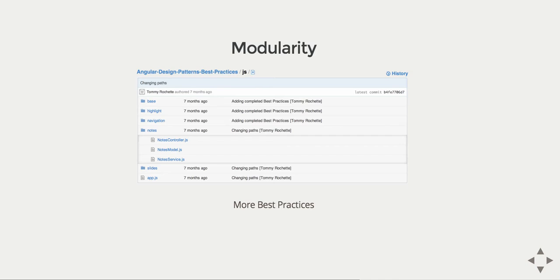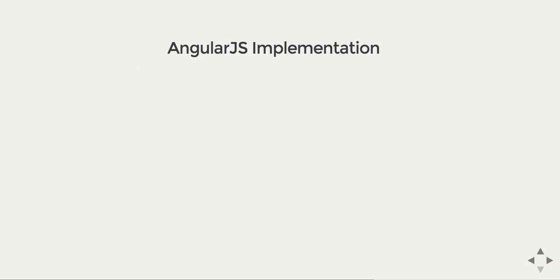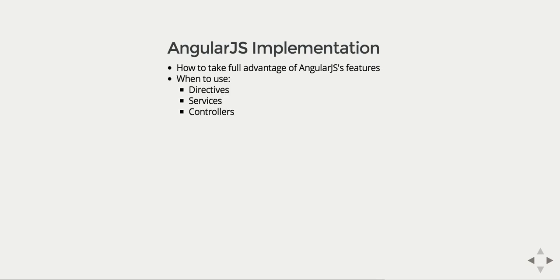There are more best practices that I've linked to, and once you get a look at the slides, there's more information there. So our AngularJS implementation, what did we try to do here? We wanted to take full advantage of AngularJS features: when to use directives, when to use services, controllers, routes, config, and constant.